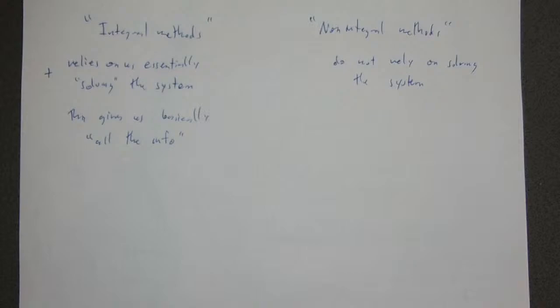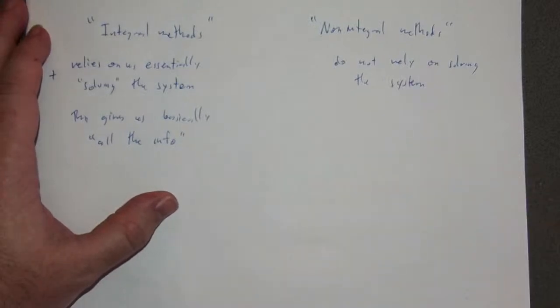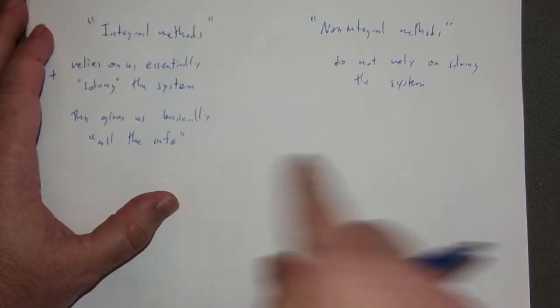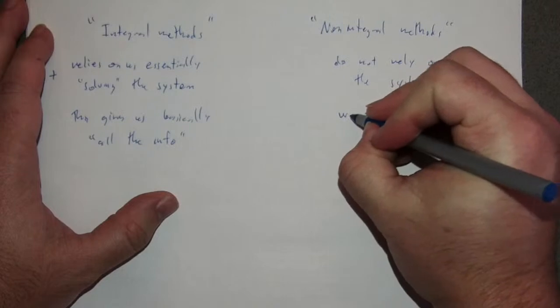Versus the non-integral methods, when we apply them, we're not going to have that level of info. That makes sense, of course, because we're not actually solving it. If we could get the same amount of info without solving it, we'd probably always do that. But here, it's good that it doesn't rely on solving the system, but we get less info.